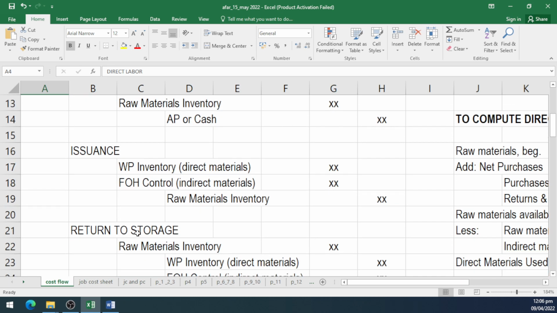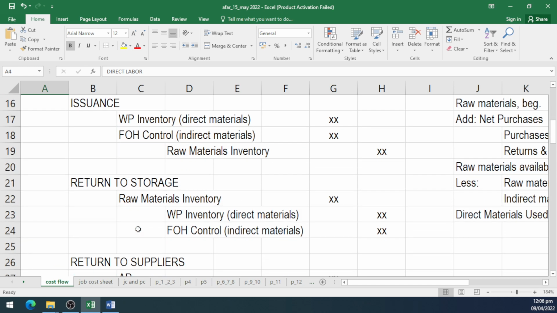To record return to storage to department or to the warehouse. Ito po yung sobrang raw materials ibabalik ng production department sa storage department. So, debit to raw materials inventory and credit to work in process for the direct materials and credit to factory overhead control for the indirect materials.